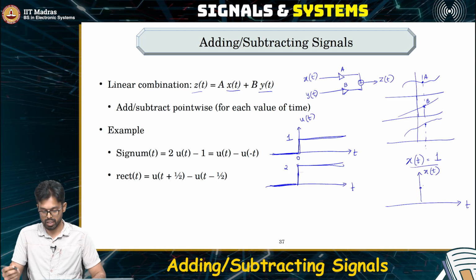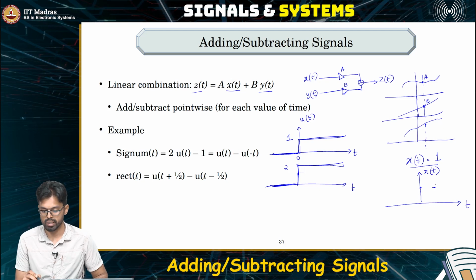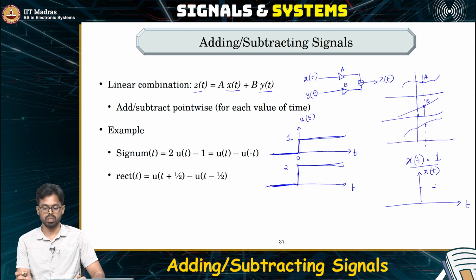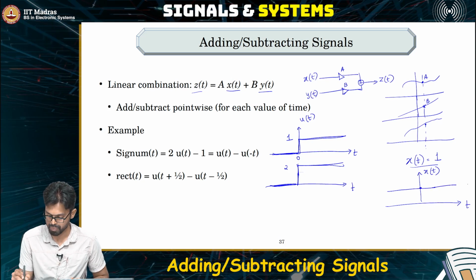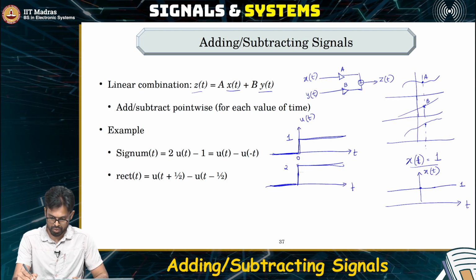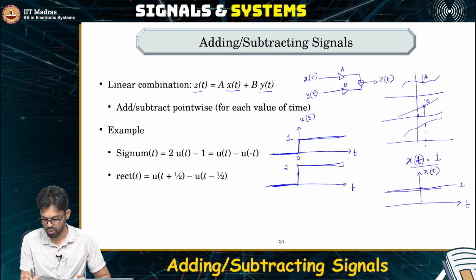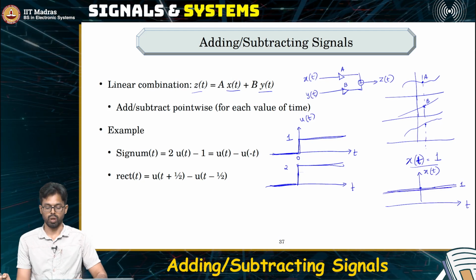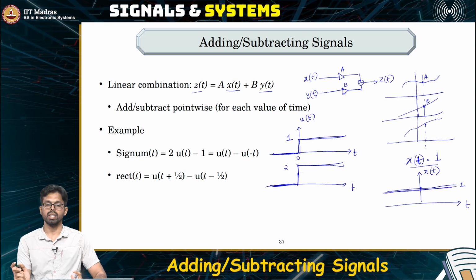What is the value of the signal at t equal to 1? It is 1. No matter what the value of t is, the signal's value is always 1. It's a constant, which means it's just a straight line with amplitude 1. So this is what we mean by a constant signal or a DC signal.